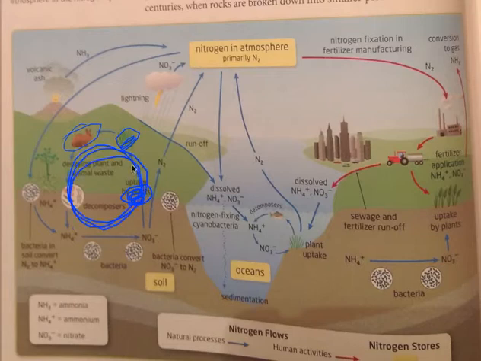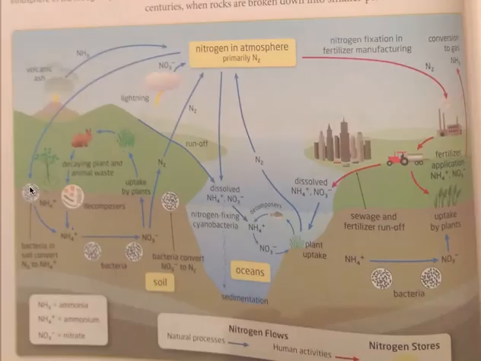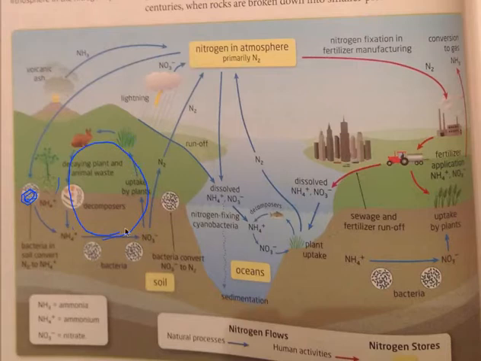It comes down via these bacteria, and then this can go around in a little circle. These bacteria turn into NO3, and then it comes up, and then to NH4, and then NO3, NH4.